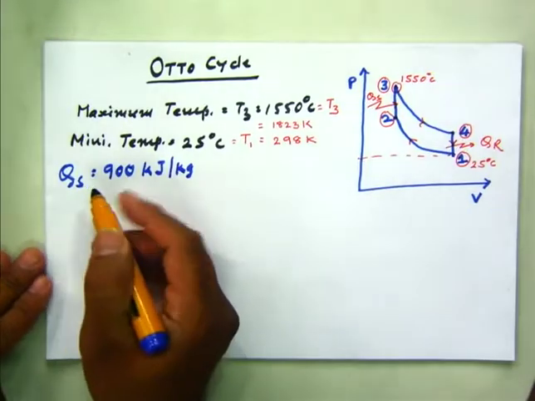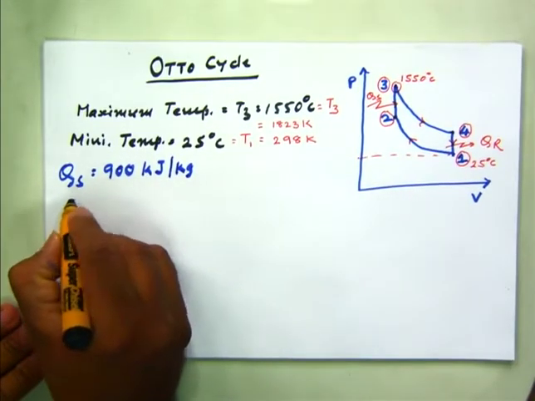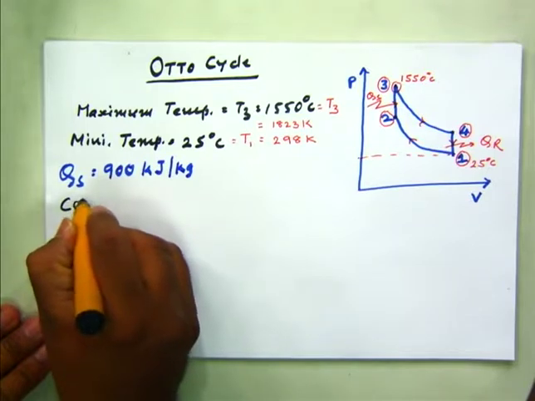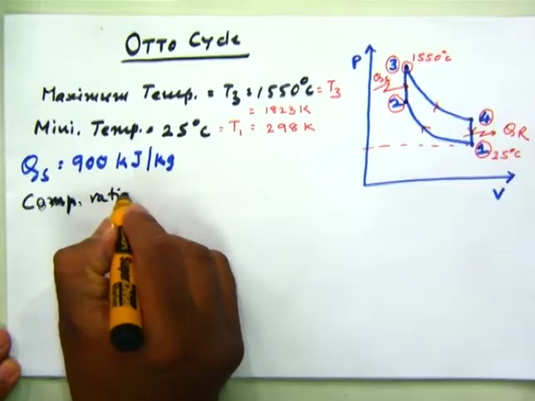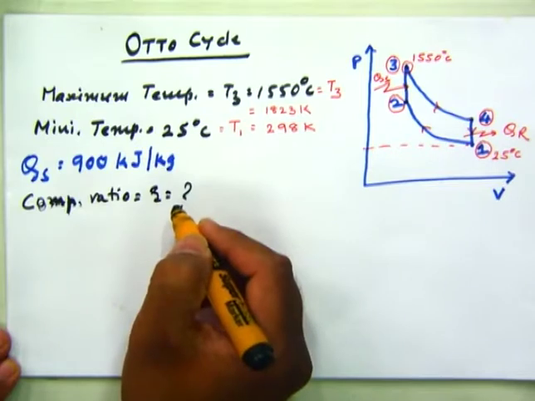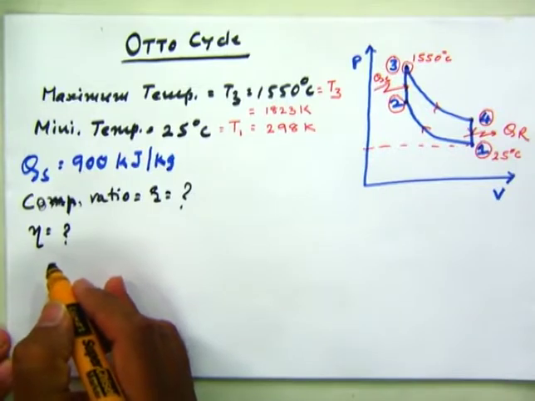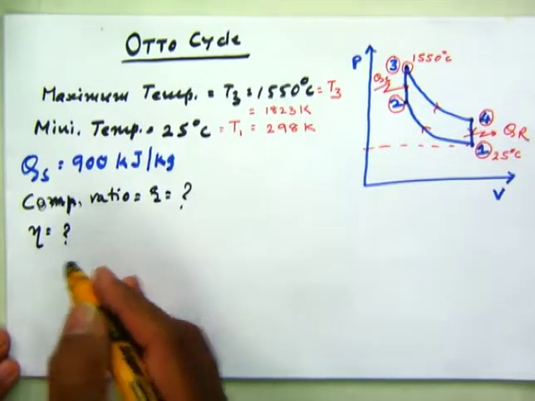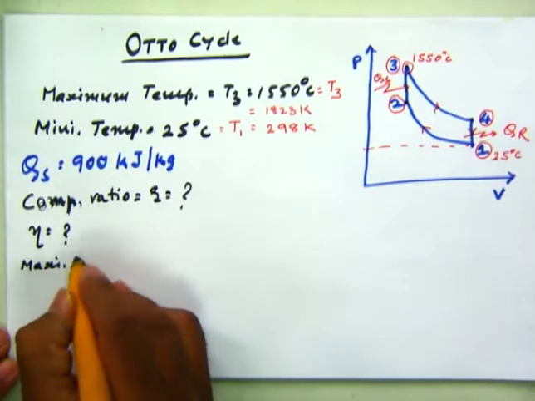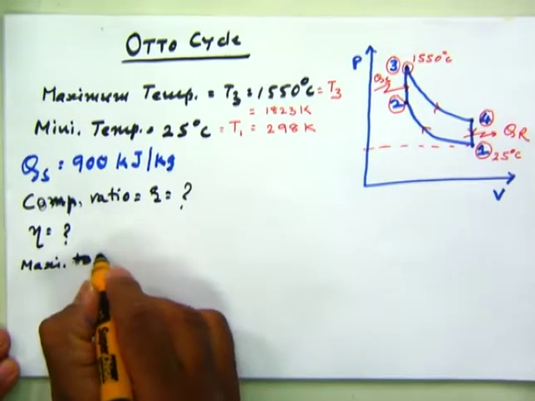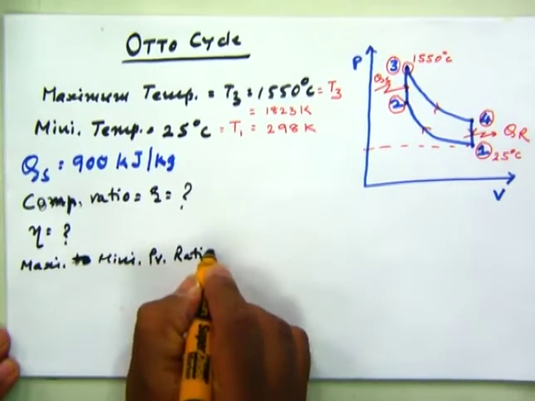You have to determine the compression ratio R, the cycle efficiency eta, and the maximum to minimum pressure ratio.